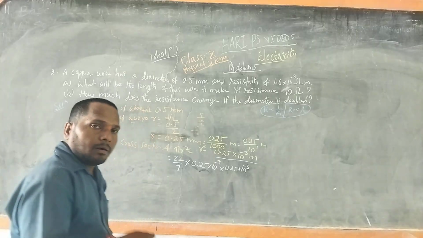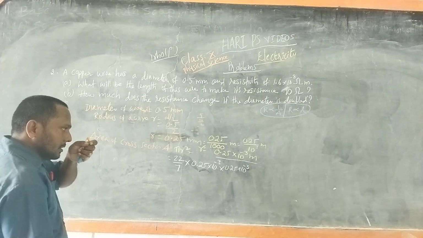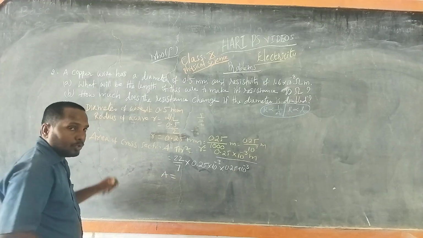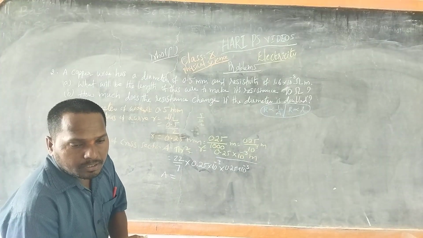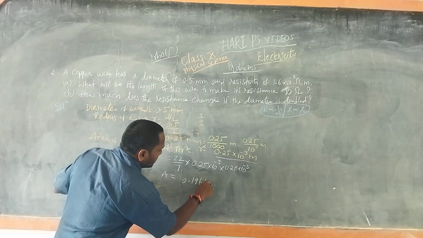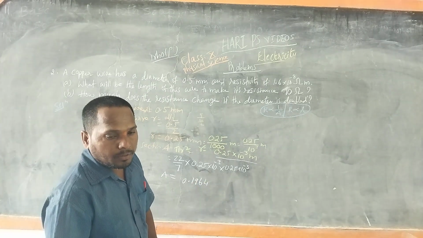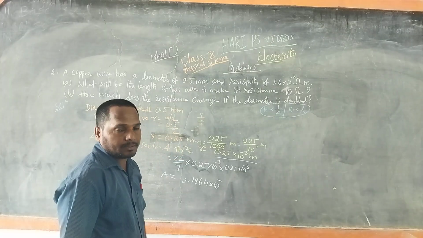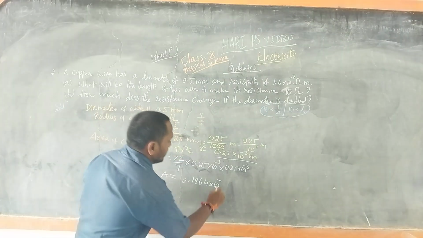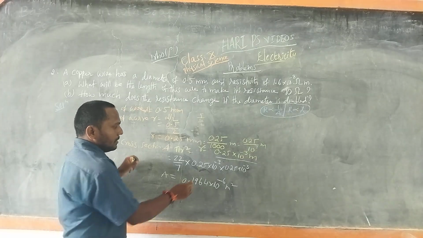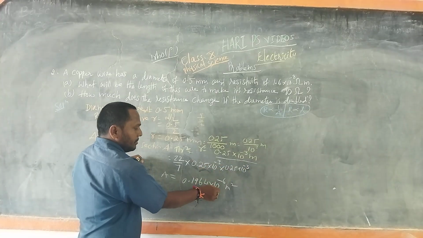After all the simplification, we get the area of cross section A equal to 0.1964 into 10 power minus 6 meters square.